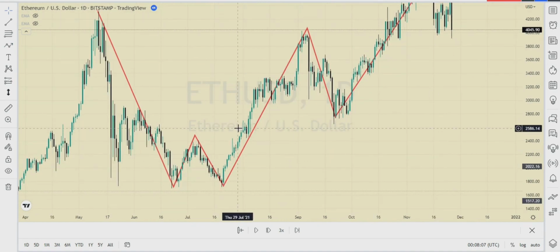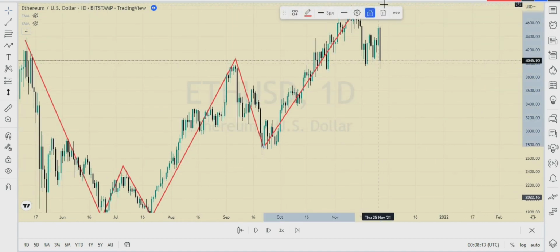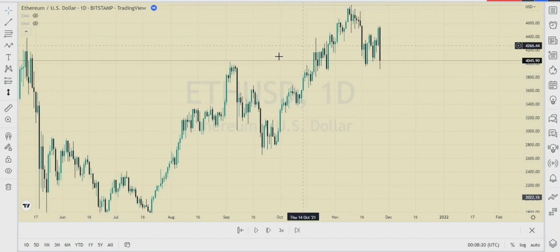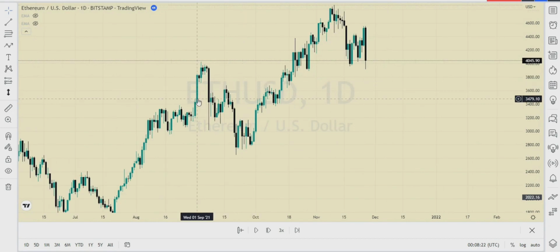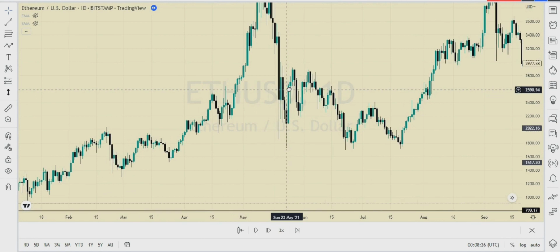Unfortunately, it stopped at this other block here, but the other block is just around the neckline. It stopped there and pushed up. So you have seen three examples of how the market actually reacts to the W pattern in a bullish scenario.